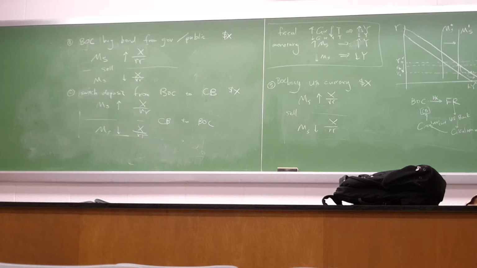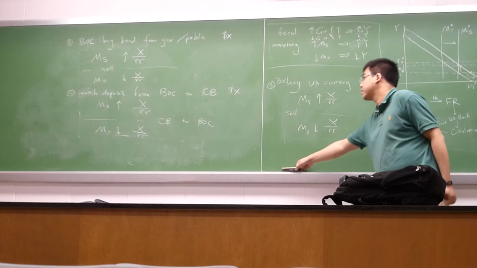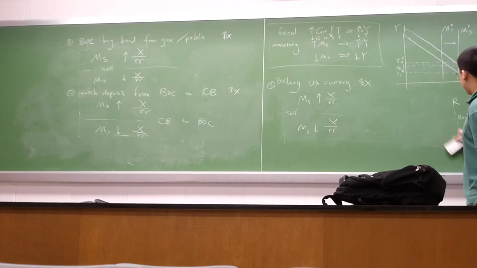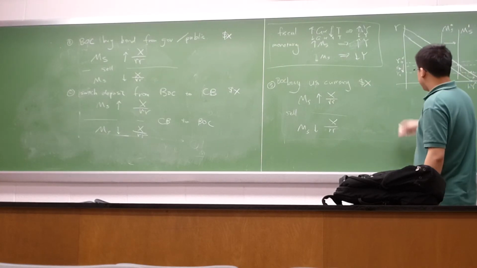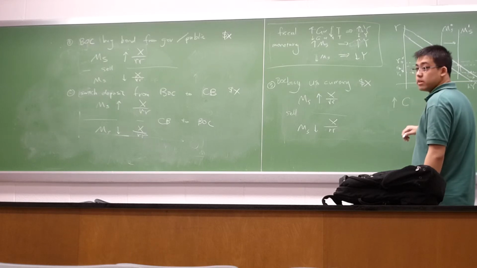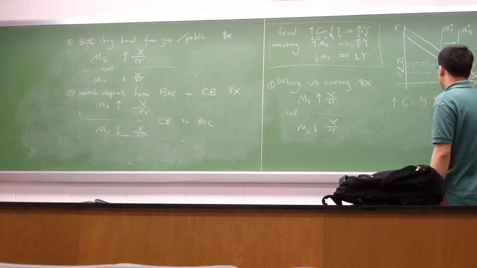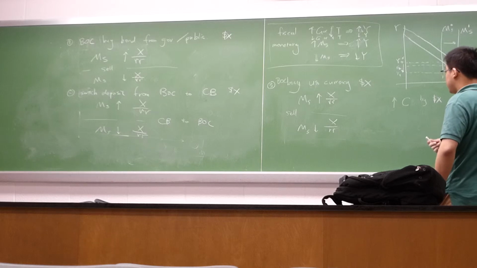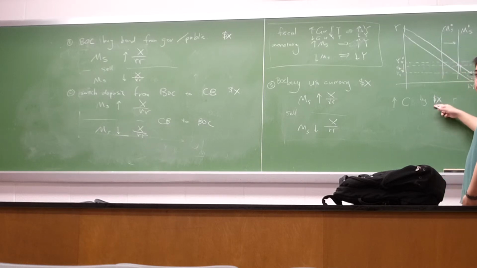So the other two things that change the money supply you should know as well. To some extent, they're not monetary policy. If there's an increase in circulation, for example by X dollars, then we know that reserves are decreased by X dollars.